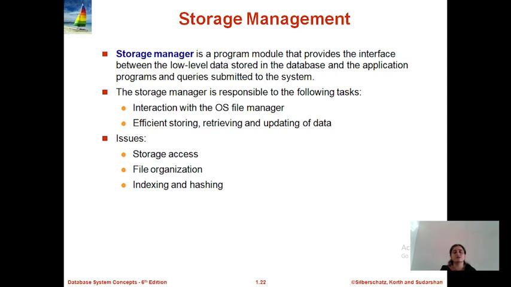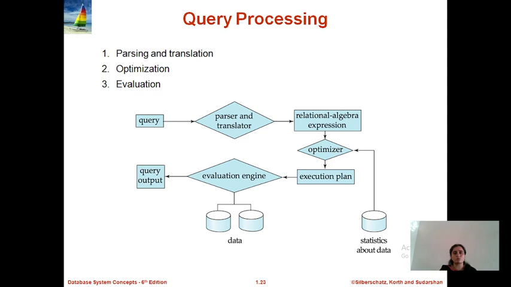Based on that index, the user can access the files. Every file has an indexed value, so based on that indexed value we can access the file. In hashing, duplicate values are reduced.